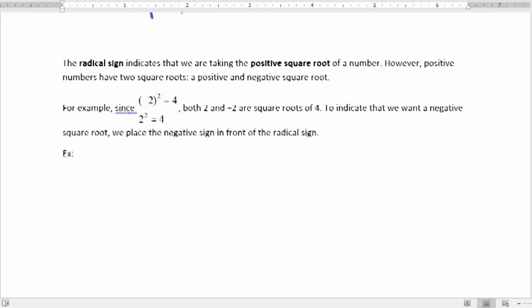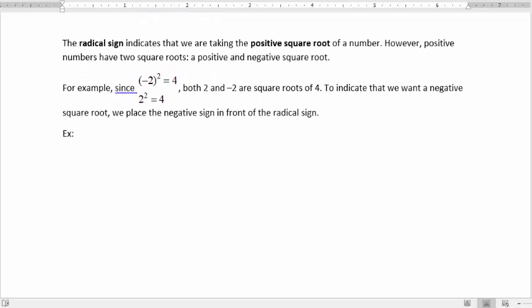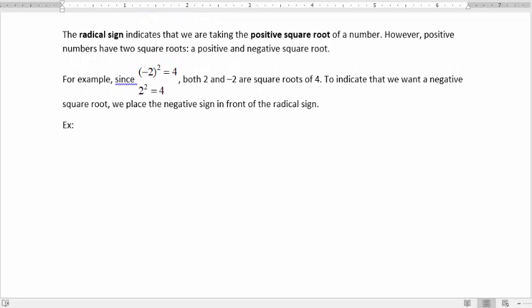Now, one important thing to remember is the radical sign indicates that we're taking the positive square root of a number. Generally, though, positive numbers have two square roots, a positive and a negative square root. The reason is that if I square negative 2, I get 4, and if I square positive 2, I also get 4. So both 2 and negative 2 are square roots of 4.